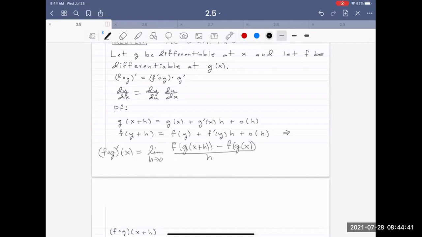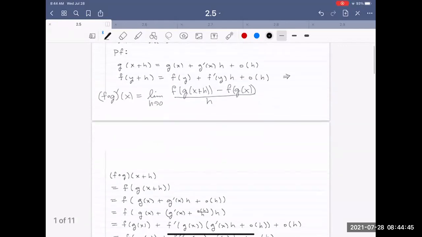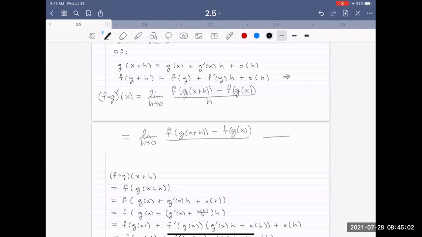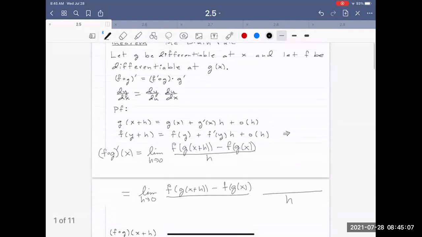If you rewrote this, the limit as h goes to 0 of f of g of x plus h minus f of g of x over h. Well, I want here the derivative of g.